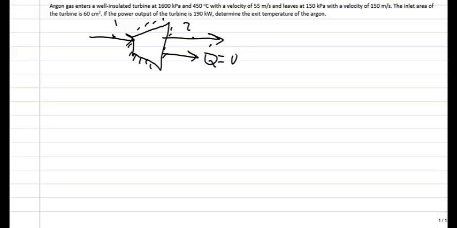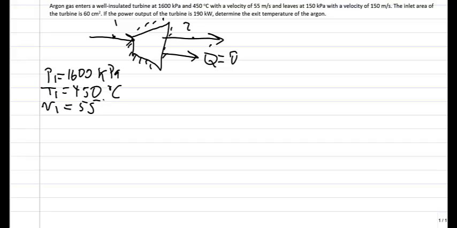Let's also illustrate the data that's being given to us. The pressure at the inlet is 1600 kilopascals, and the temperature at the inlet is 450 degrees Celsius. We're also given the velocity at the inlet as 55 meters per second, and at the exit the pressure is 150 kilopascals and the velocity, V2, is 150 meters per second.